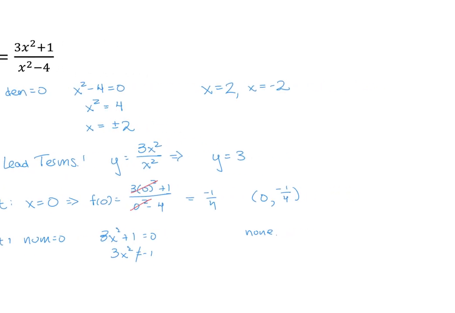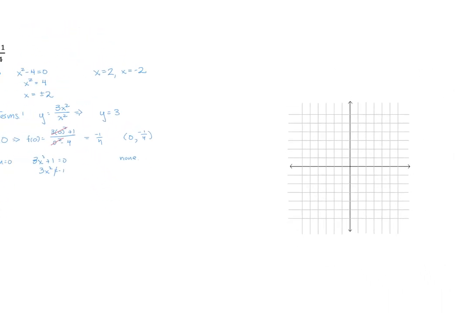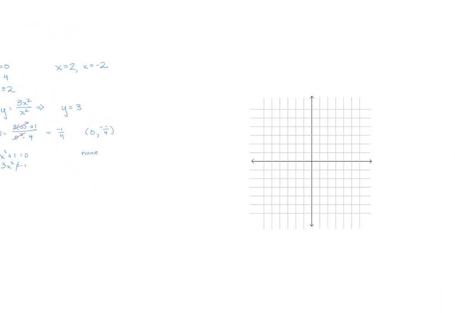All right, so let's go ahead and graph what we have so far. We have our vertical asymptotes. We have a vertical asymptote at negative 2 and positive 2.